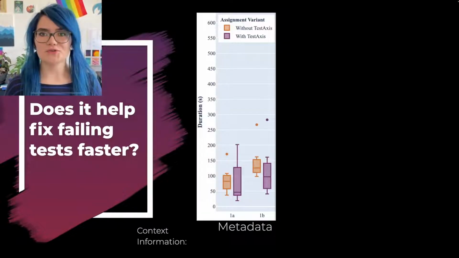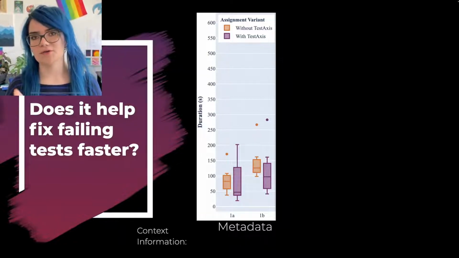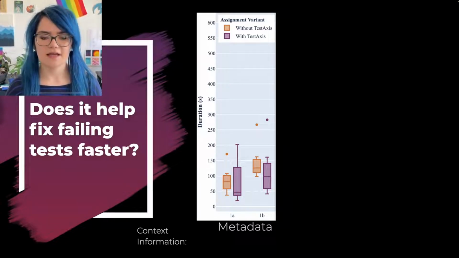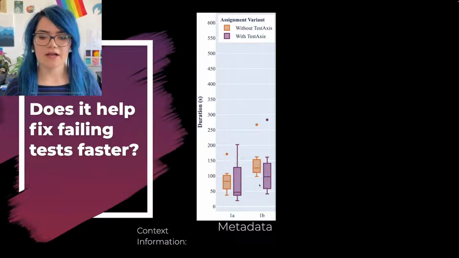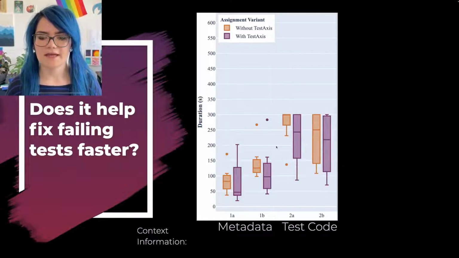Let me show you the results that we saw during our experiment. This is a box plot on how long it took the developers to fix the failing test cases. We saw that if you could spot the error in the metadata, on average, the developers were faster with the plugin than with just the plain GitHub interface.